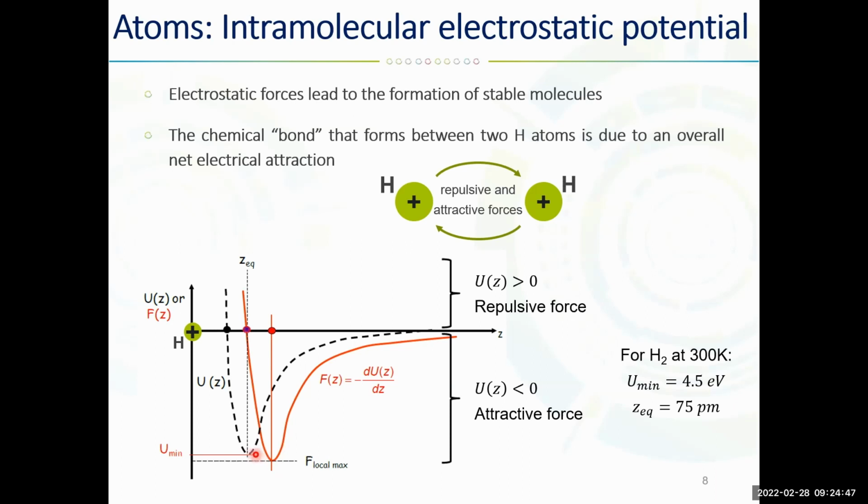It's about minus 4.5 electron volts, and it occurs when the two atoms are about 75 picometers apart. So this defines the equilibrium separation between the two hydrogen atoms, and then leads to the stable hydrogen molecule that we can observe. So this whole process is referred to as chemical bonding in a generic way.